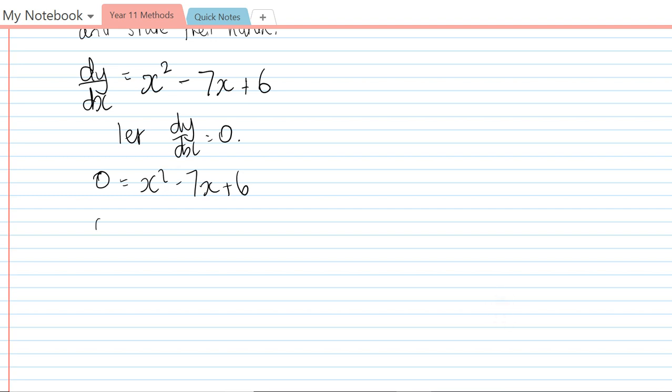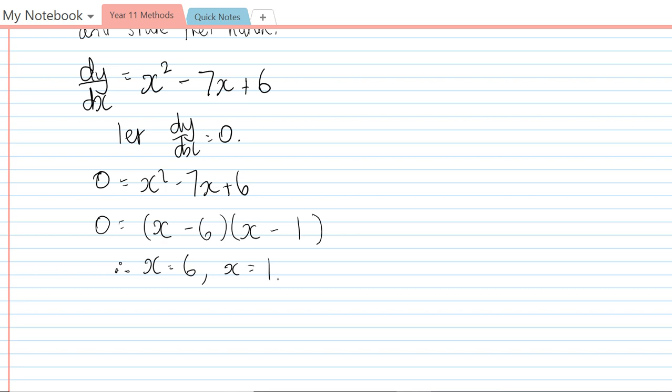So I can say 0 equals, now I need to find two numbers that multiply to give positive 6 and add to give negative 7. So I think it's going to be (x minus 6)(x minus 1). Negative 6 times negative 1 is positive 6, and negative 6 plus negative 1 is negative 7. And so the null factor law tells us that therefore x must equal 6 or x must equal 1.